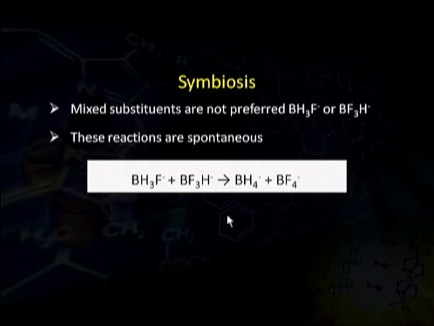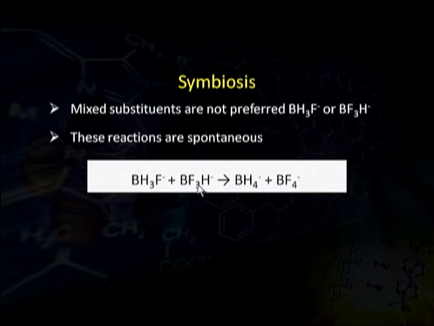If we look at this reaction, we have BH3F minus. In this we can see the center boron is attached to 2 different types of substituents, hydride as well as fluoride, and in the other complex BF3H minus, the center boron is attached to fluoride ion as well as hydride ion. So, here we see that there are mixed substituents.